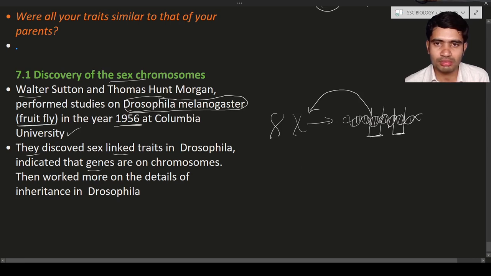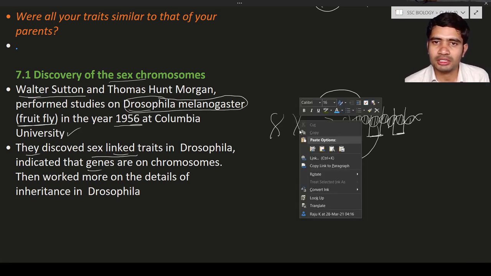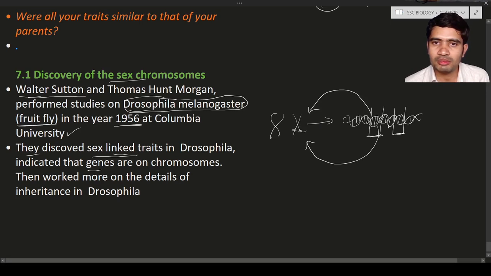Only during the division process you can see the chromosome formation, because during cell division the DNA condenses and turns into X-shaped chromosomes. So these scientists found the sex linked trait in the genes of a chromosome. Here will be one gene, here another gene, and so on. So the genes are present in the chromosomes.